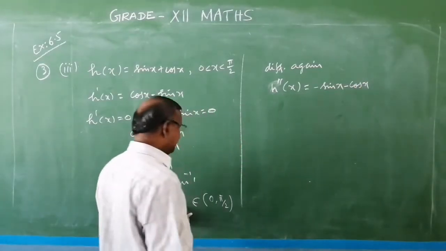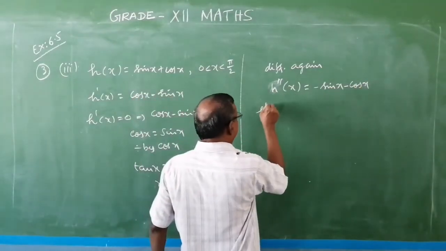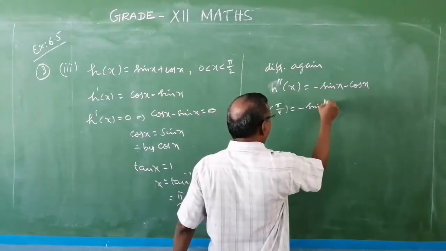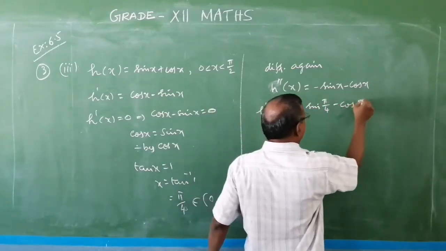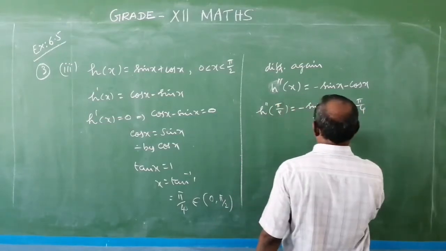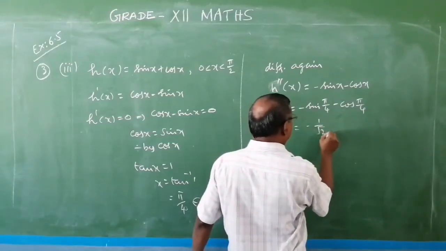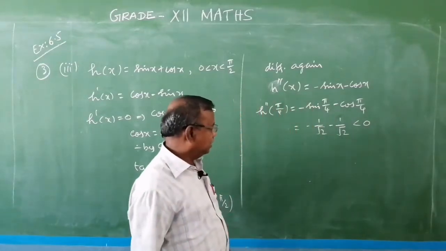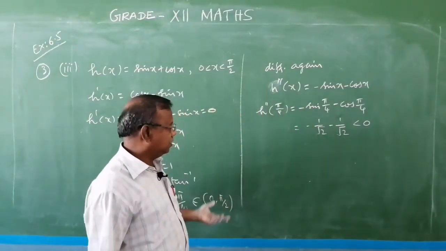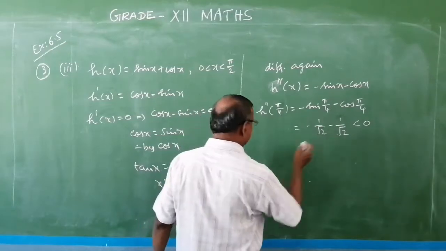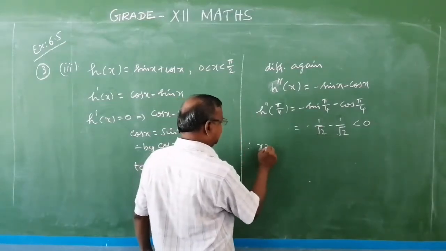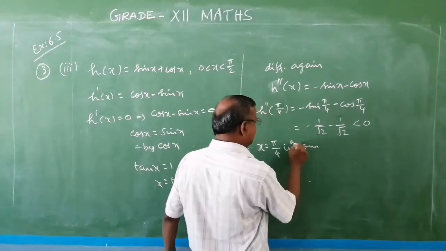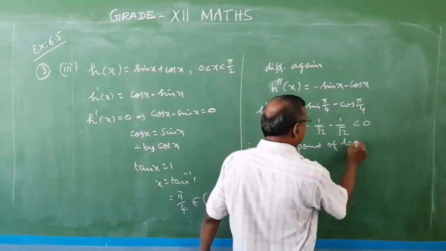Now, substituting the critical number, h double dash of pi by 4 equals minus sin pi by 4 minus cos pi by 4, which is equal to minus 1 by root 2 minus 1 by root 2, which is less than 0. Both are negative quantities, so the sum is also a negative quantity, therefore it is less than 0. Therefore, the critical number x equals pi by 4 is a point of local maximum.